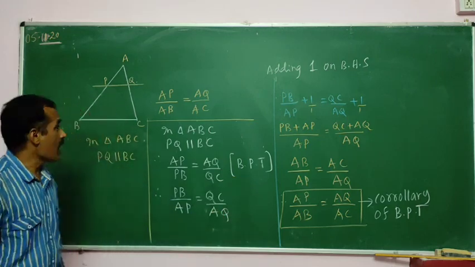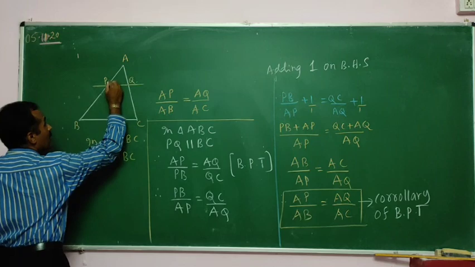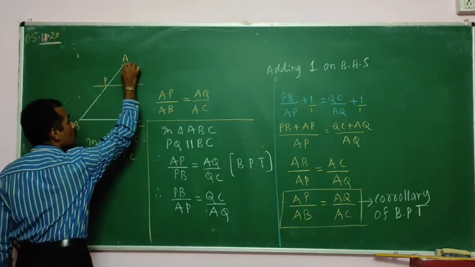Not only that, see, I wrote AP by AB is equal to AQ by AC.